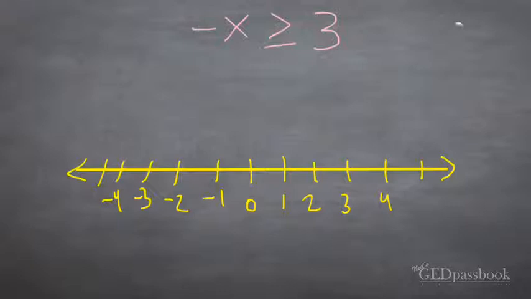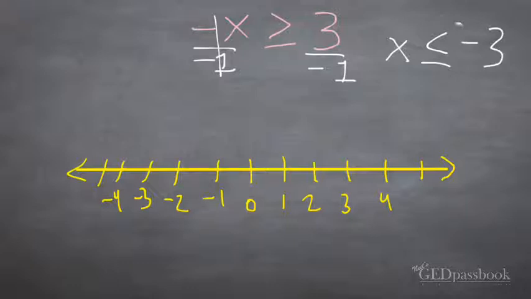Oh yeah, 'cause you gotta switch it. Remember, you are never done, just like yesterday, until your variable is positive. Which means this inequality, you should be able to divide by -1, leaving x is less than or equal to -3.